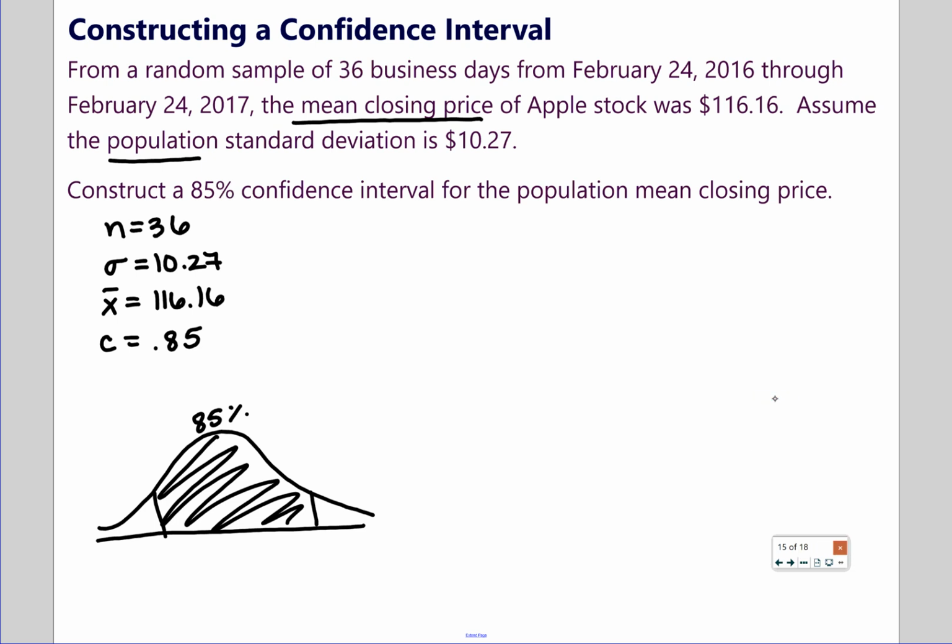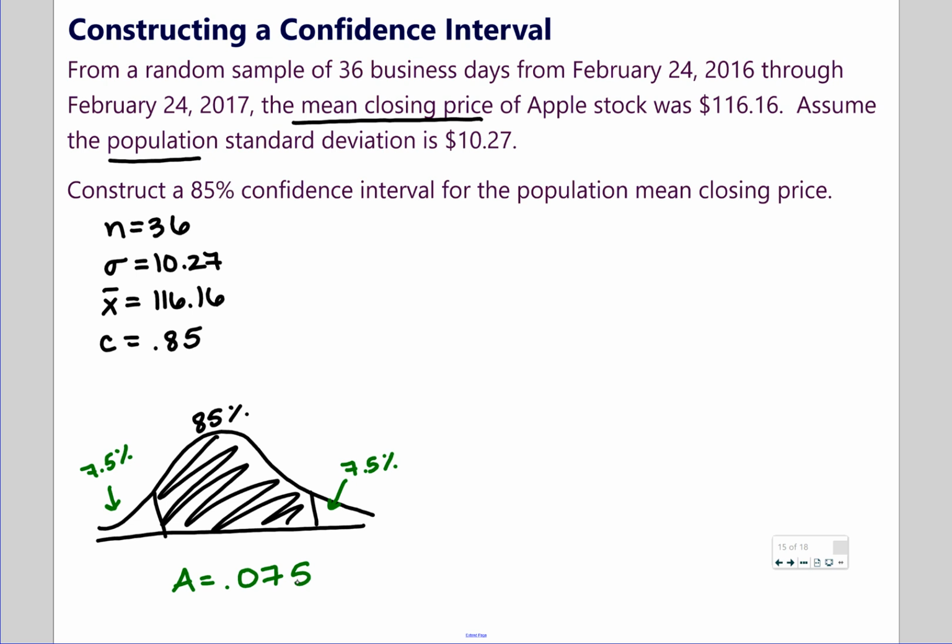So 15 total, and then if I divide it by 2, which is the next step, we can say that each tail has 7.5% in it. And that's the number that you're going to look for in the middle of your chart. You're going to look for a cumulative area of 7.5%, which is 0.075. So that's what you're hunting for, and you want to find the Z value that goes with it.